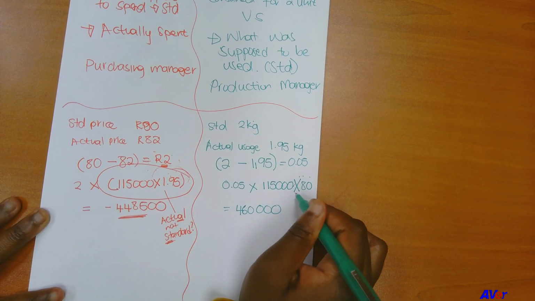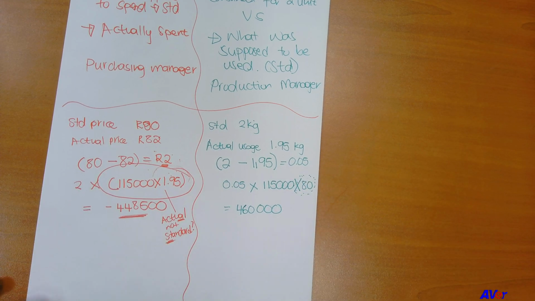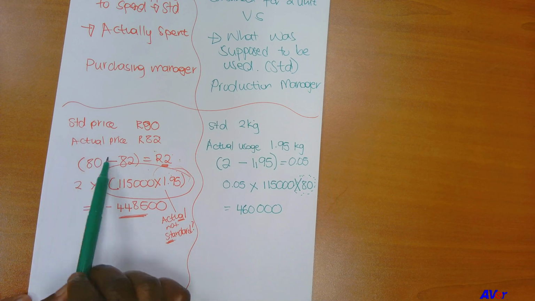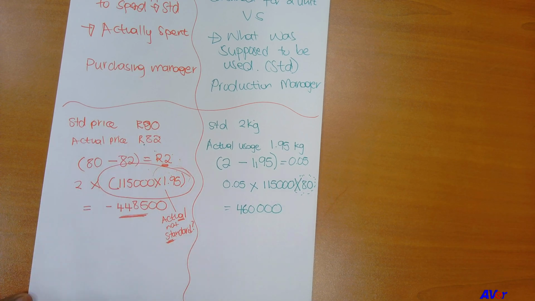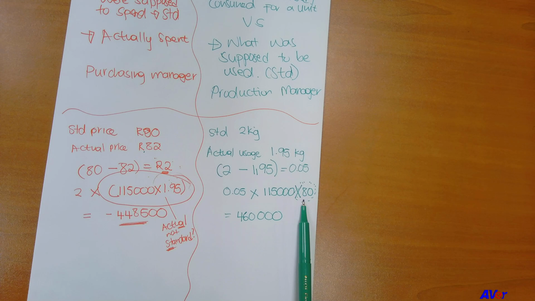Students struggle with the 80. The questions I get are around, why do you not use the actual price of 82 rand but only use 80 rands? My question to you is, if I use 82 rand and not the 80 rands, what am I saying?